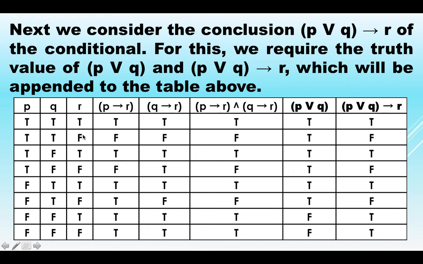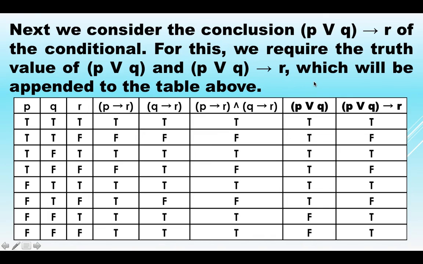T, F, so obviously that's F. T, T, so we have T, T, F. T, T, there's a T, T, F, F, T, F, T. The conclusion is true, though the hypothesis is false, but still it's true. And FF is true. Again, for a conditional, the only false is T with F.